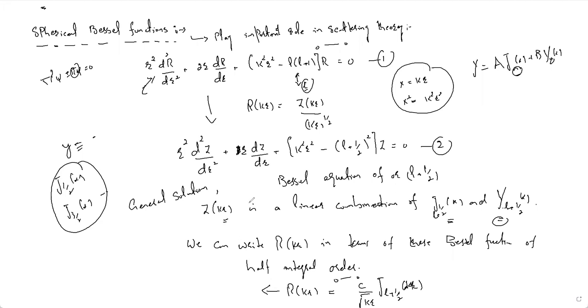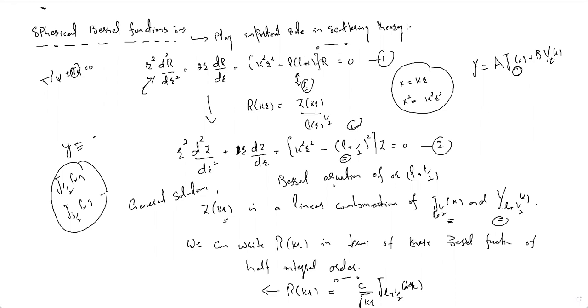Fine. Now I will consider two of these spherical Bessel functions. If you compare this particular differential equation with the original Bessel differential equation, there we have the factor x square minus n square. So instead of n we have here l into l plus 1.